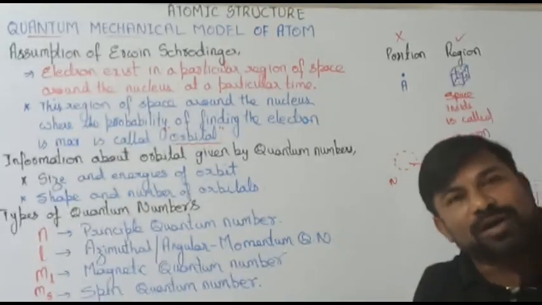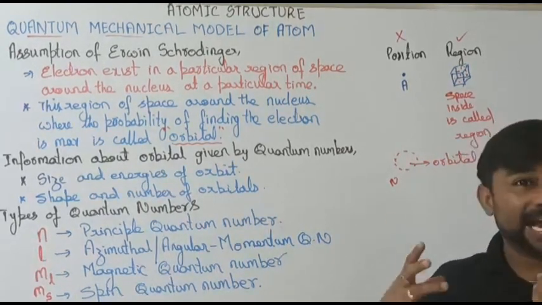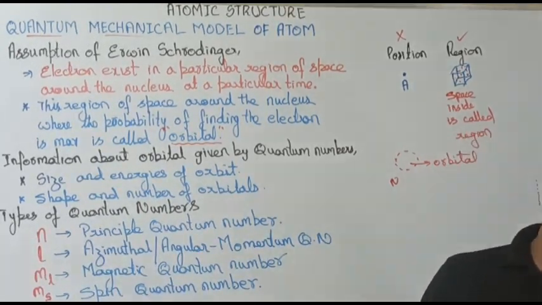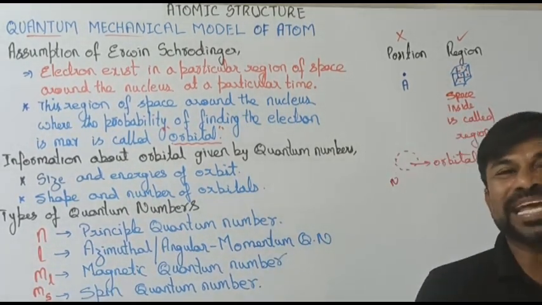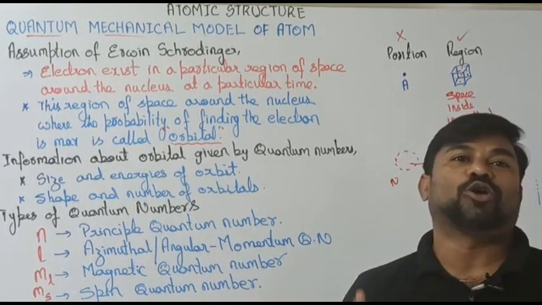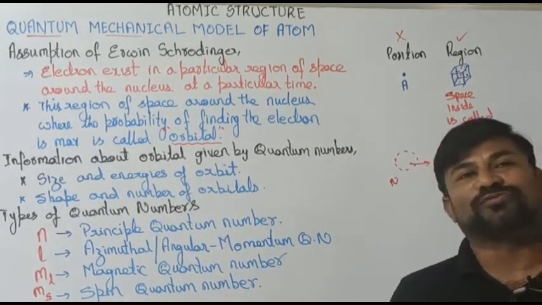By knowing the quantum numbers, we can tell the size of the orbit, energy, and all the remaining details. So this is the great thing Mr. Erwin Schrödinger has done by bringing the new concept called orbital, which brought a great revolution in the history of science.